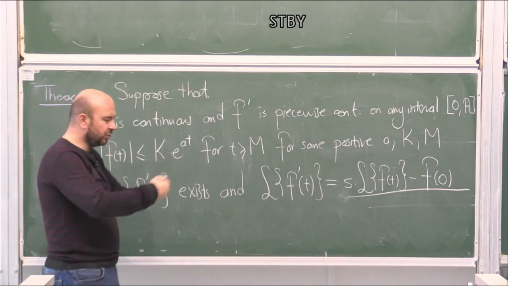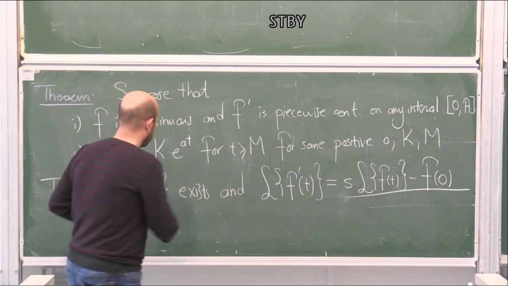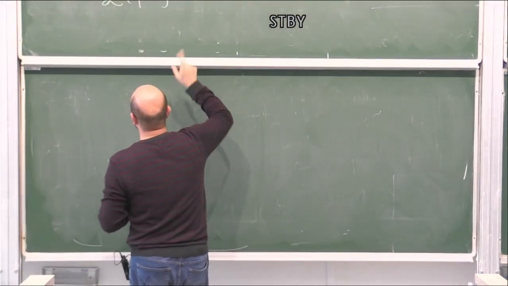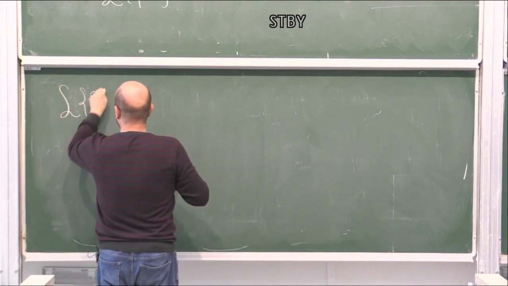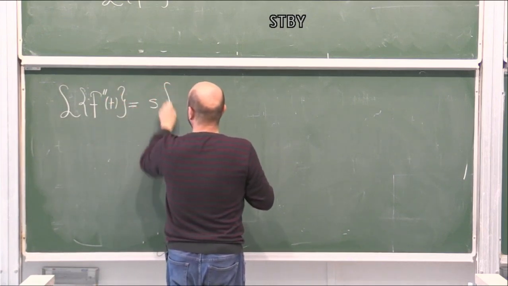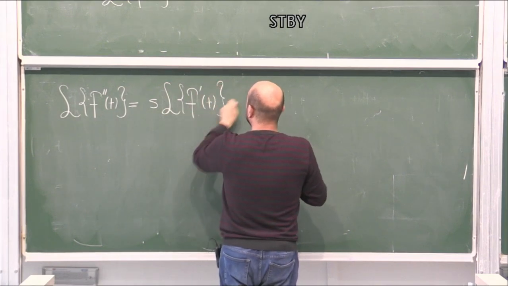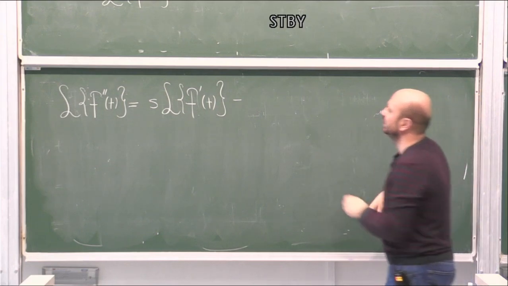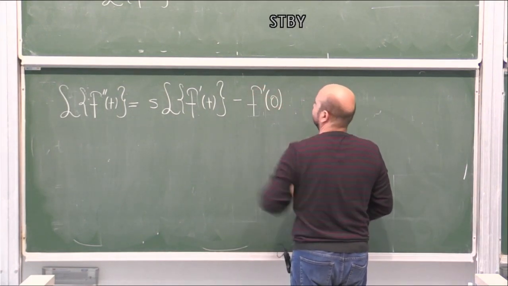So how will I get it? Of course, it will relate to the previous one because the second derivative is the derivative of the first derivative. I didn't write it rigorously, but I'm just saying right now. In that case, the second derivative's Laplace is going to be s times the first derivative's Laplace minus f prime 0.